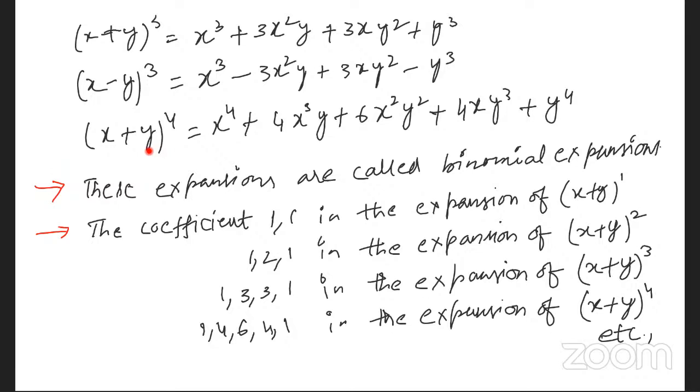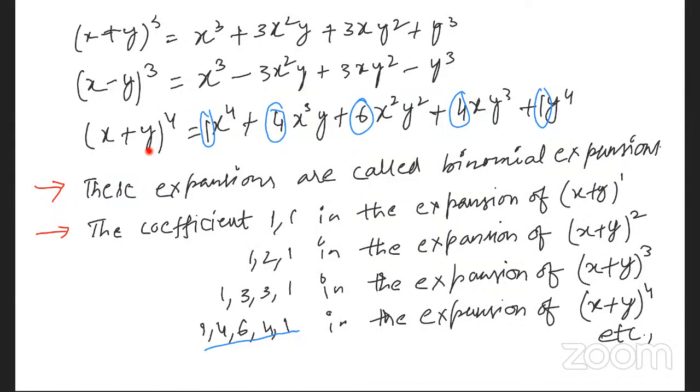So now if you look at this one, 4, 6, 4, and you have 1 and you have 1. Is this clear? These are coefficients in the expansion of (x plus y) whole power 4.